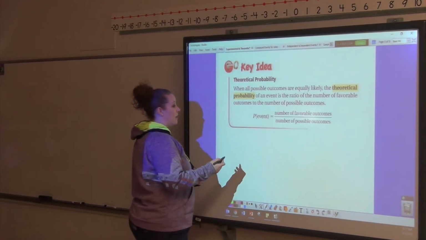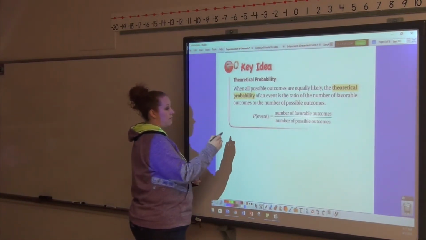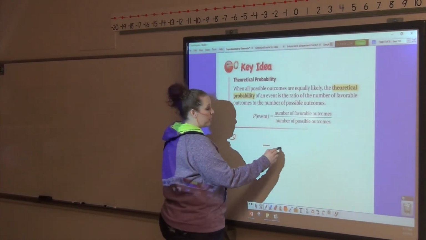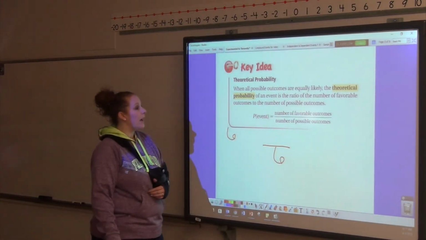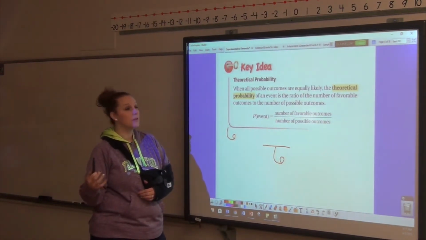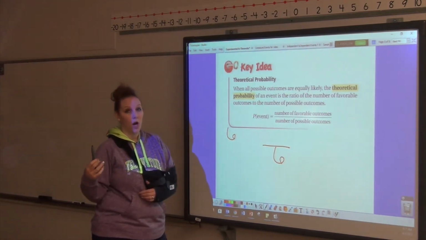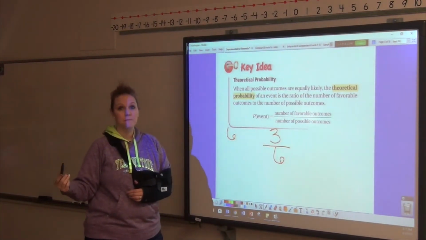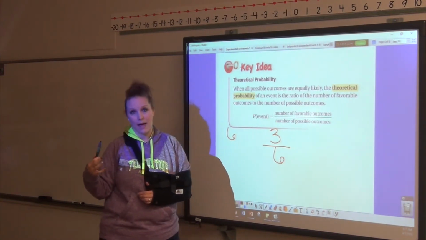If I have a die, there are 6 sides, so the number of possible outcomes is 6: 1, 2, 3, 4, 5, and 6. What is the theoretical probability that I would roll an odd number? That's going to be 3 out of 6: 1, 3, and 5. I'm not performing the experiment, I'm just saying how many times it should happen.